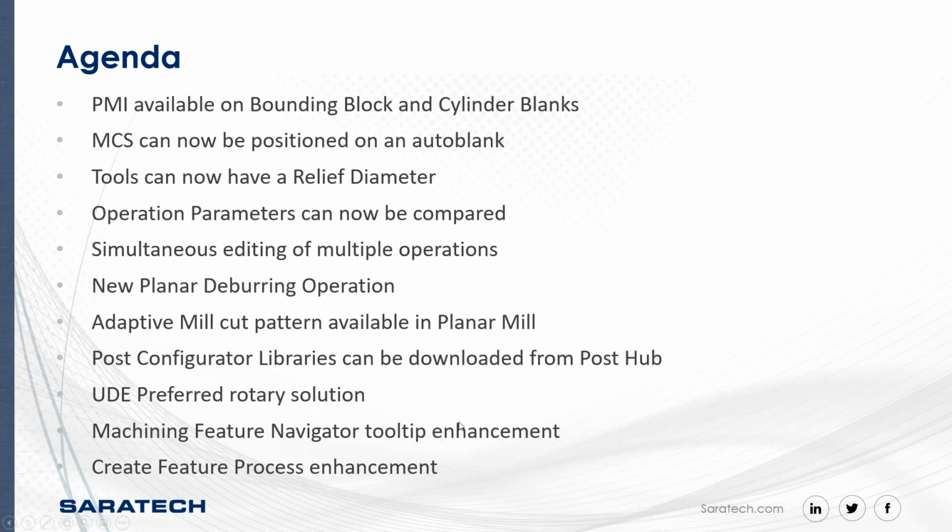And they've made a new user-defined event for preferred rotary solution. So for 5-axis machines, when it's flipping the wrong way, you can force it to flip the table the way you want it. And we've also added tooltip enhancement for the machining feature navigator and enhanced the create feature process.